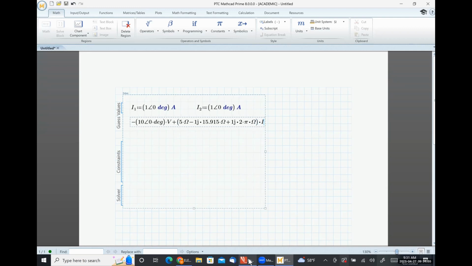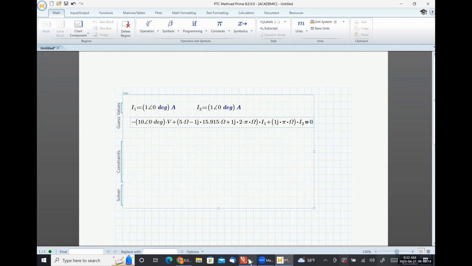That gets multiplied by I1 plus 1J times pi ohms. That gets multiplied by I2. Set that equal to 0.